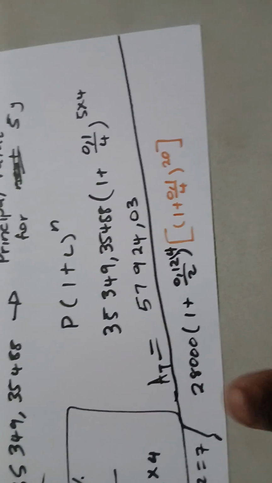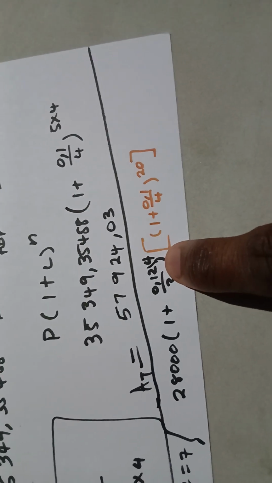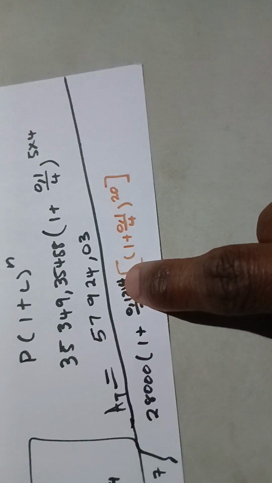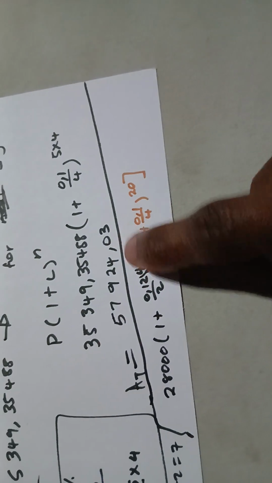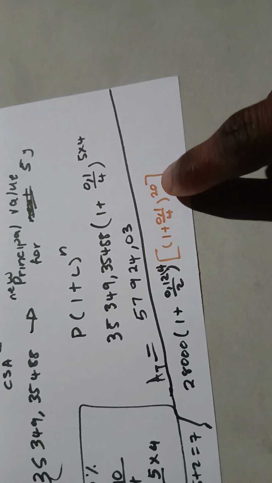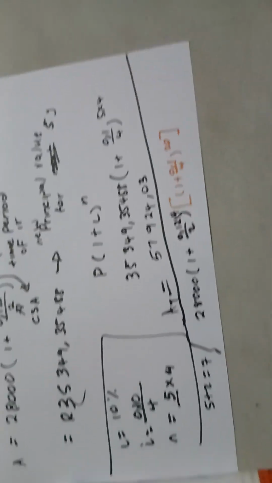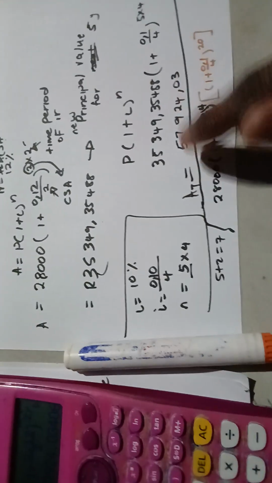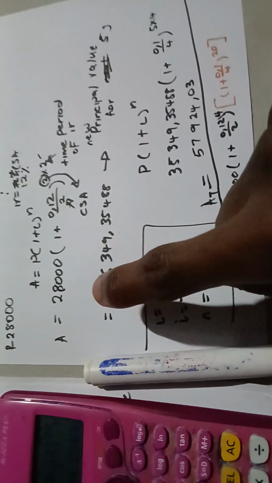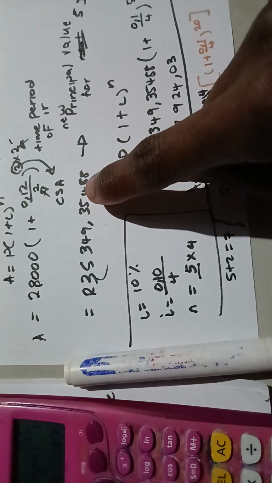It will be the 28,000 plus the interest rate for the first 2 years. Remember, it was 2 times 2, hence it's to the power 4. Then you just multiply that with this other one for the remaining 5 years. Then you're going to get the same answer. It depends which one you'll be using. If you're going to be using this one, make sure you don't round off here.